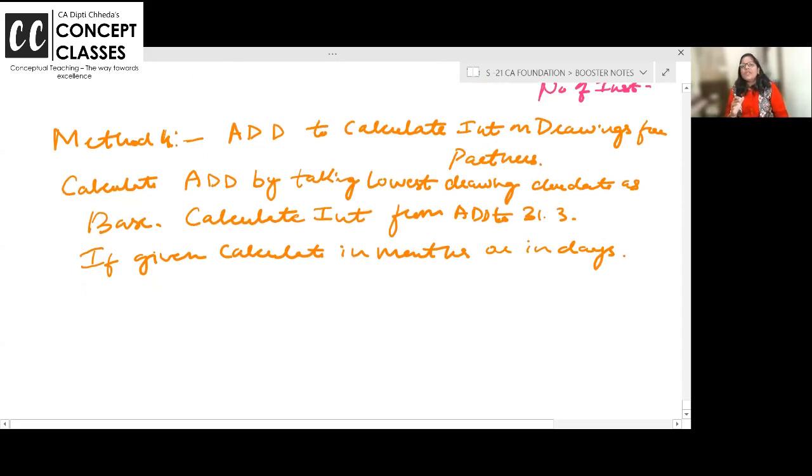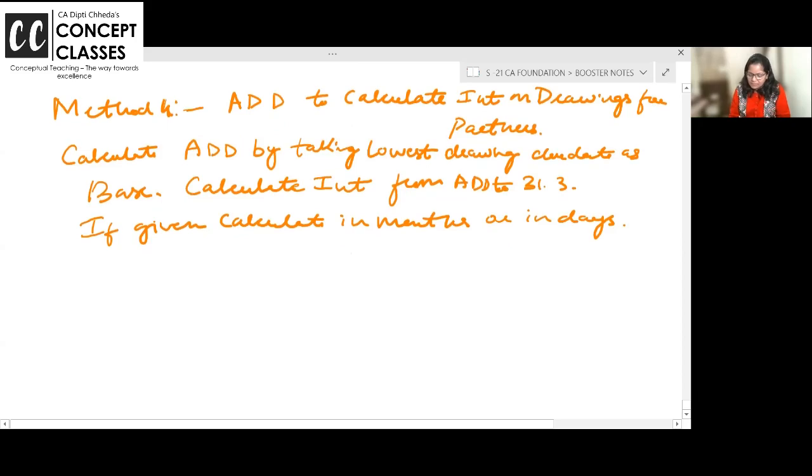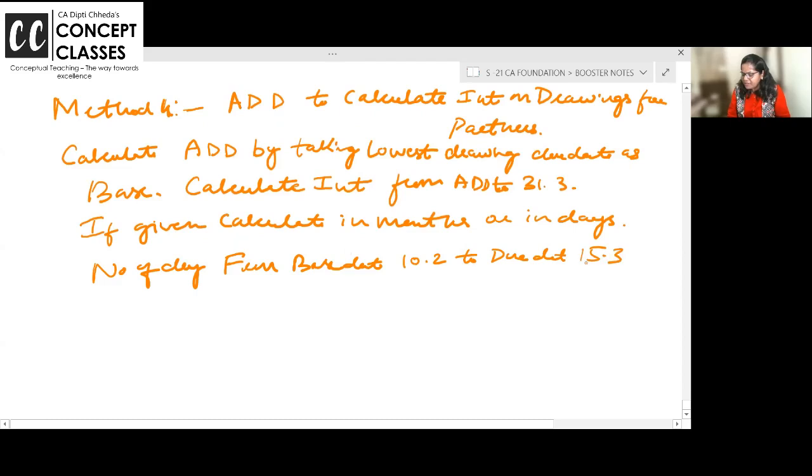You want me to give an example of how to calculate the number of days from the base date to the next? Leave the base date, but take the due date. Number of days from base date 10th of February to next due date, say 15th of March.